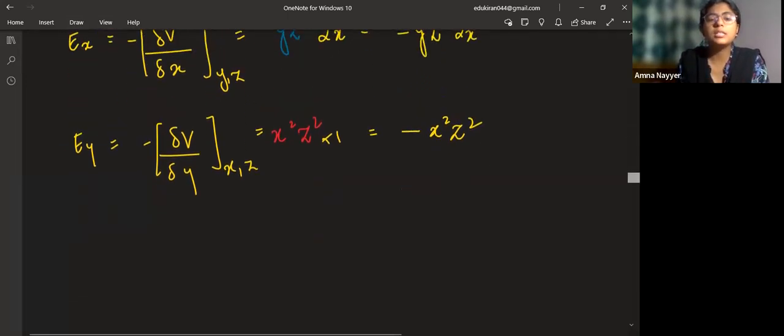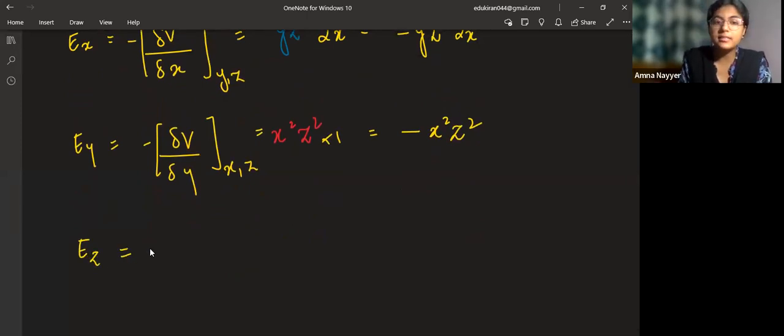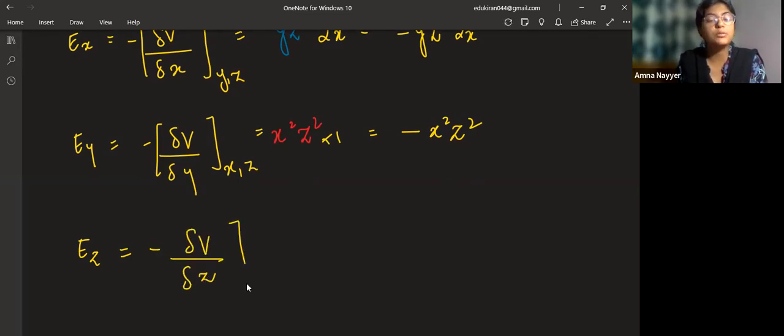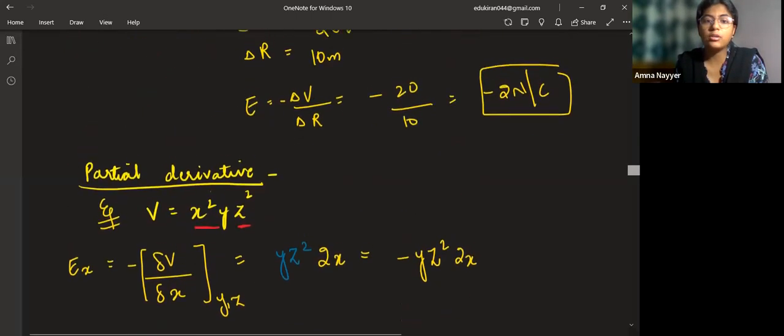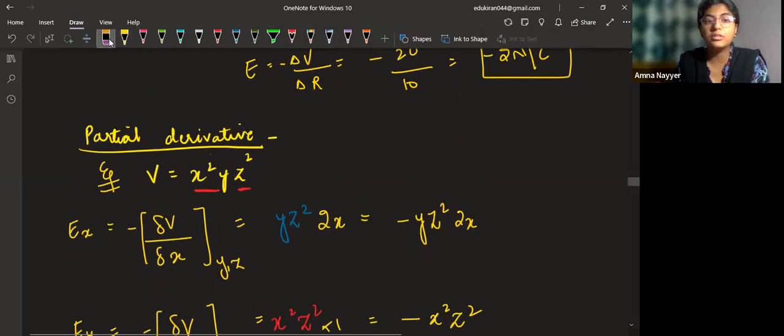Now coming to the third one, that is the z-axis. This is partial differentiation of potential with respect to z. So now your x and y will act as constants. So x and y, this entire term is constant. Minus x square y, 2z, perfect match.